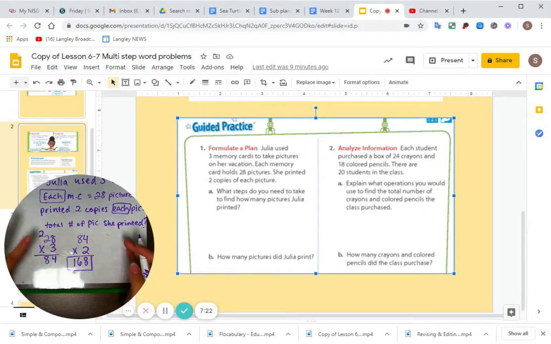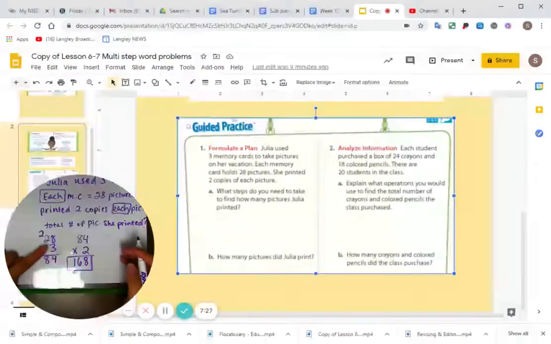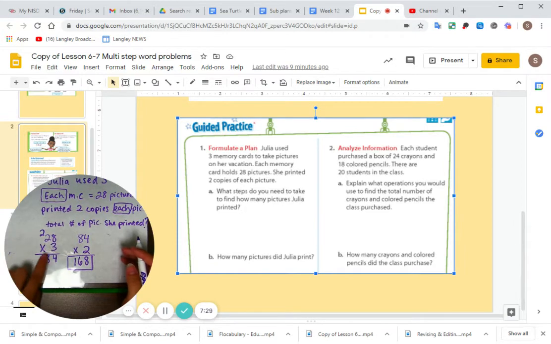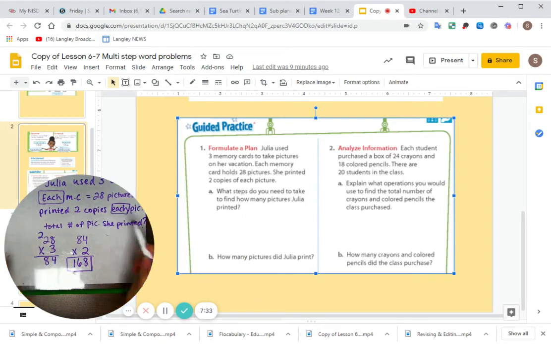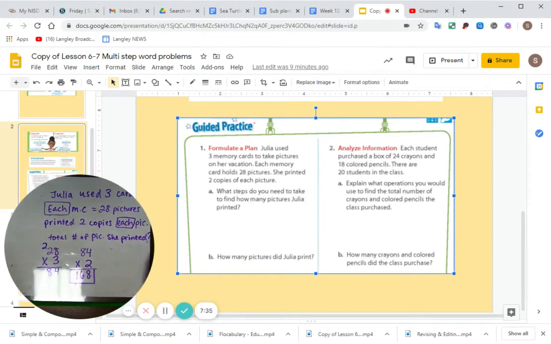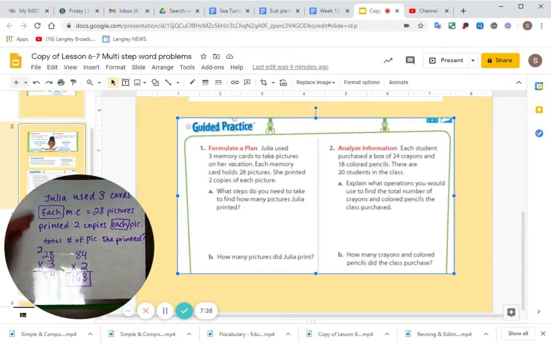Okay, so this was a multi-step problem, right? There were 2 different things we had to do. First, we had to multiply the information they gave us, and we had to take that answer and multiply it with the other bit of information. Okay, but hopefully you guys see how it makes it a little bit easier when I write out this information in a shorter way, just so I can easily see that information that I need, all right?